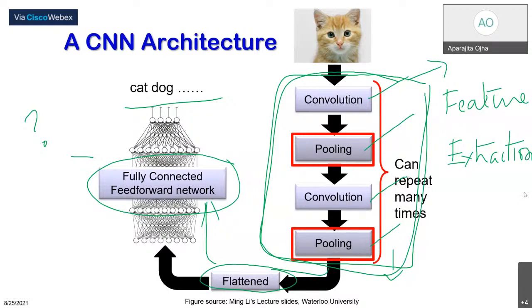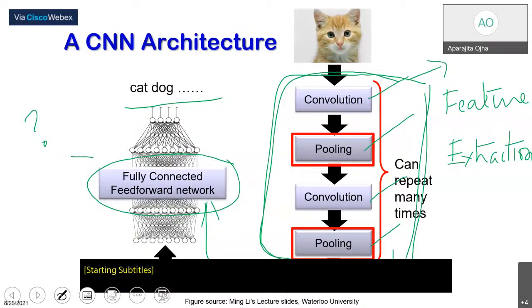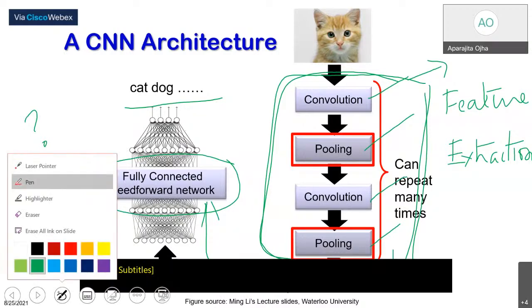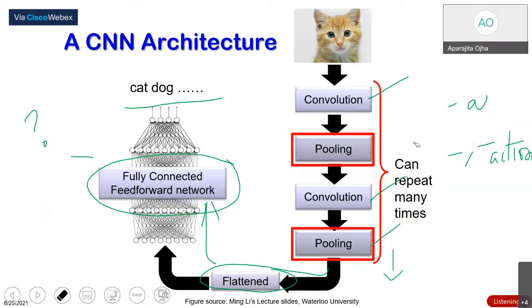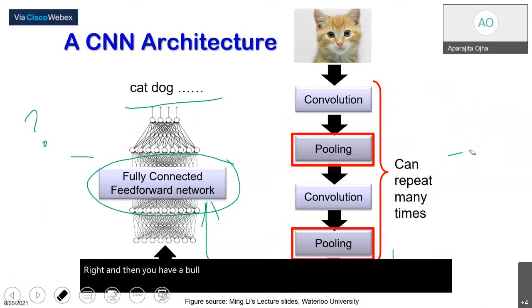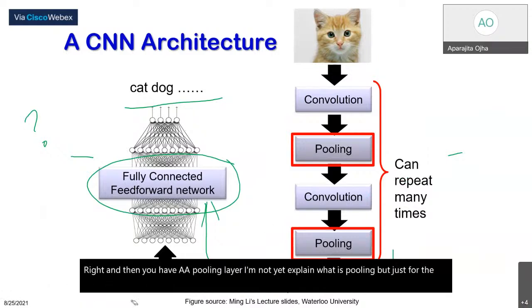Some people are saying, so CNN architecture, I am repeating again. You have a convolution layer, and then you have a pooling layer. I have not yet explained what pooling is, but just for the time being, imagine that a pooling layer is there.